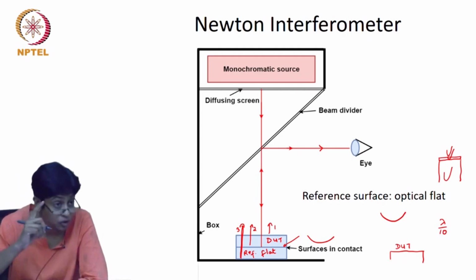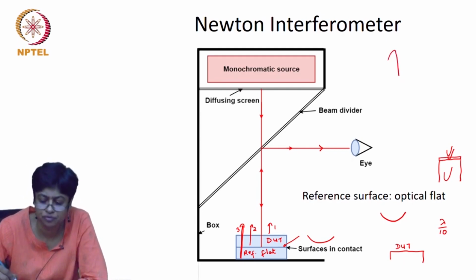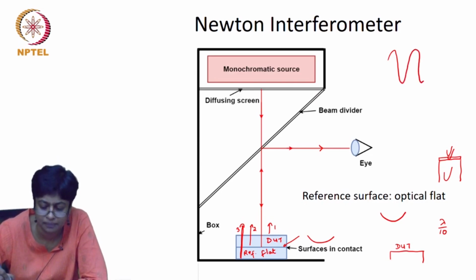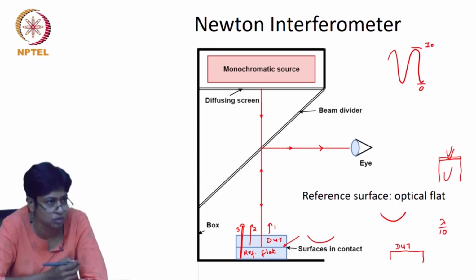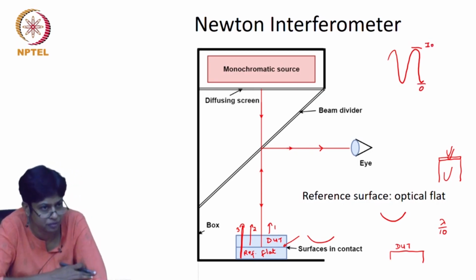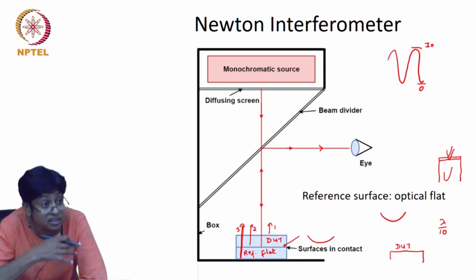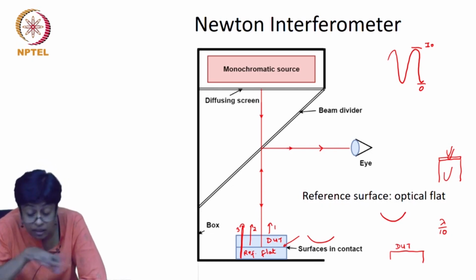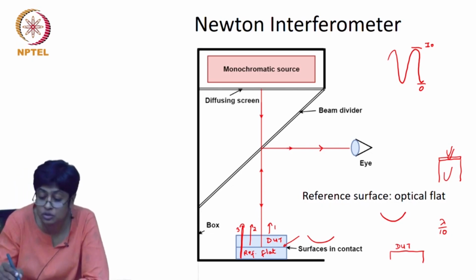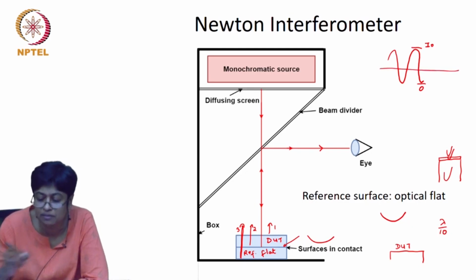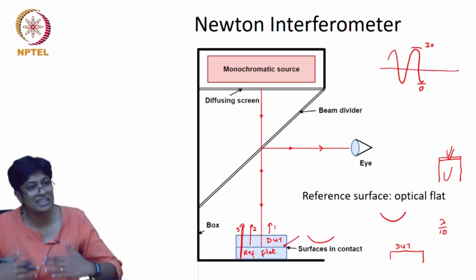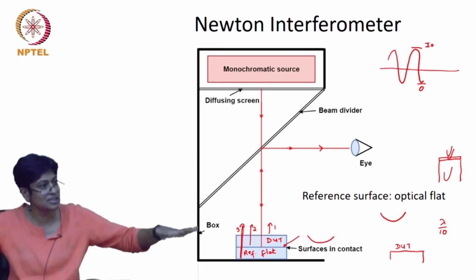Remember, if I have a good interference pattern, my visibility is going to be high, right. That means if the peak intensity here is some value I naught, this could even be 0 if I've got it perfect, right. But if I have another reflection, some other light coming in that is not playing a role in the interference, it's going to have some level here. It's like a DC light that exists everywhere.